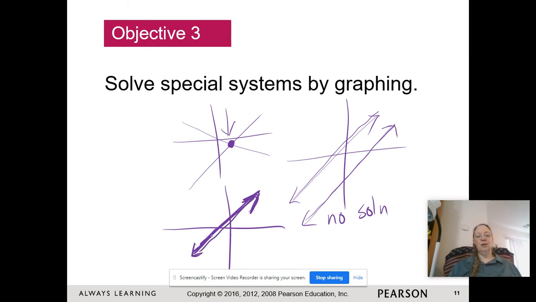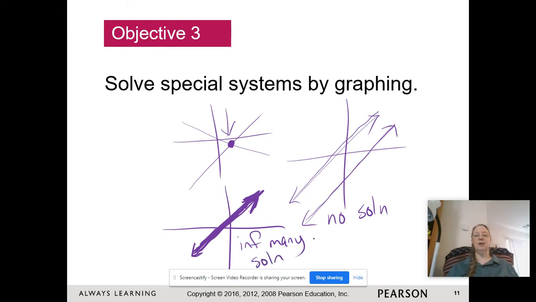So these two equations are going to have the same graph, and they cross at infinitely many points. So here, here, here, every single point on the line is going to be a solution to that system. So we would say infinitely many solutions.